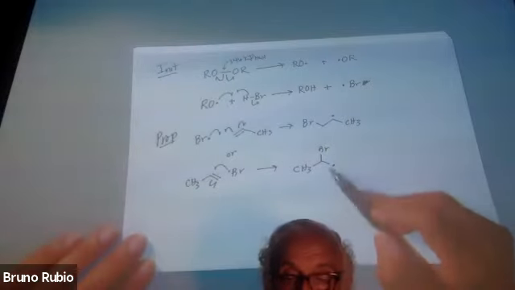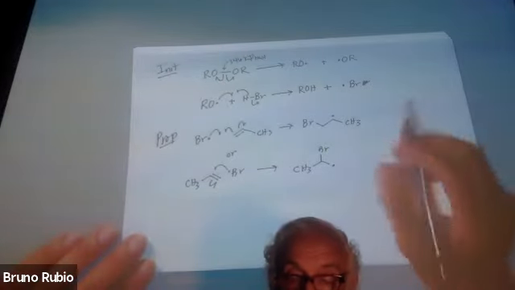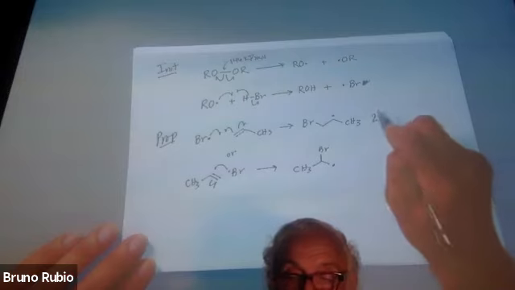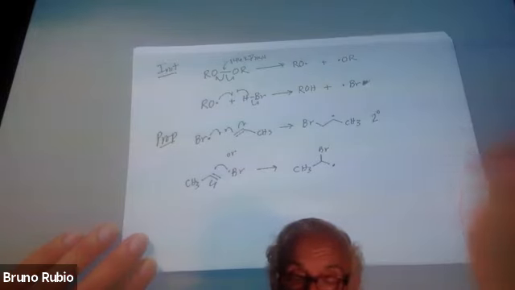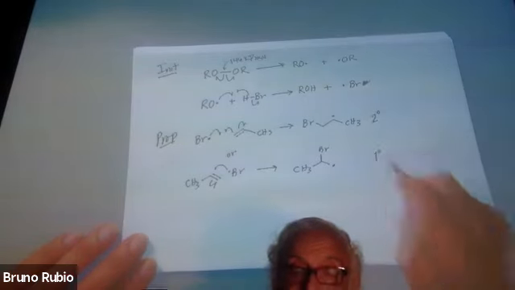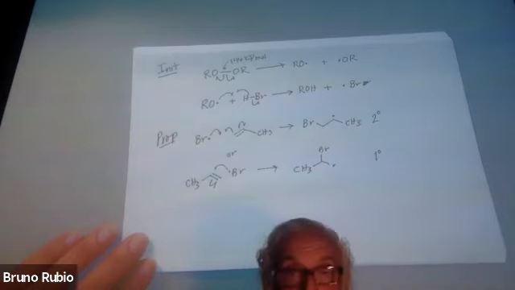So we look at these two radicals and what do we see? This one is a secondary radical. This one is a primary radical. The formation of the secondary radical is faster than the formation of the primary radical because the secondary radical is more stable.